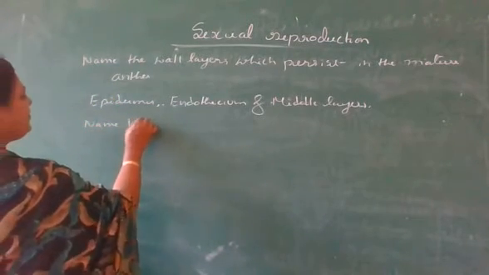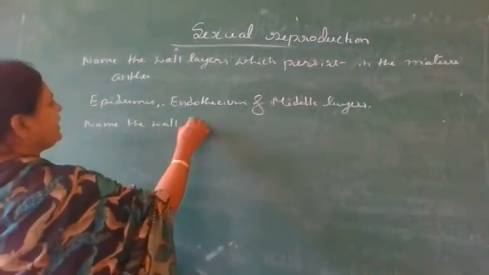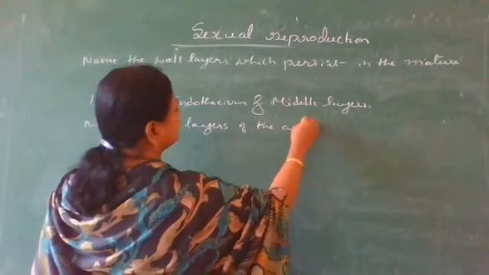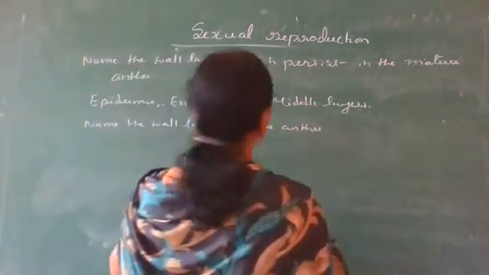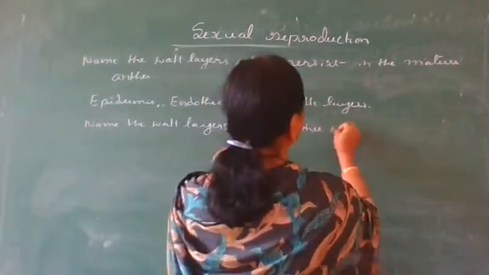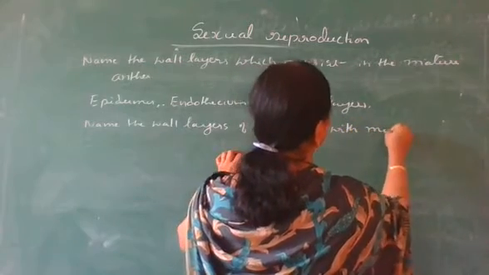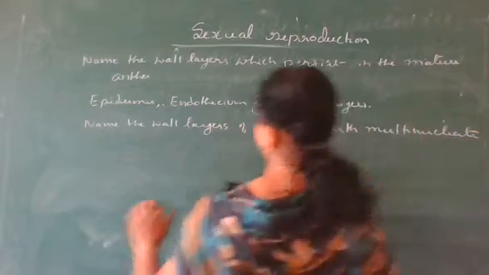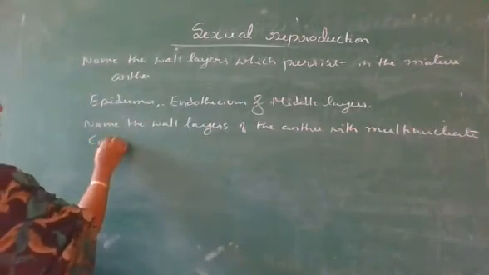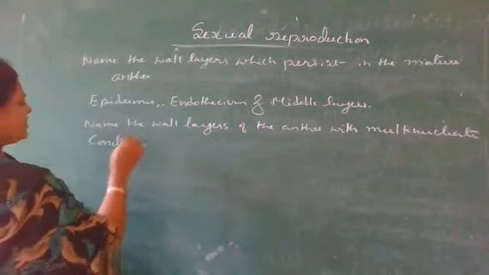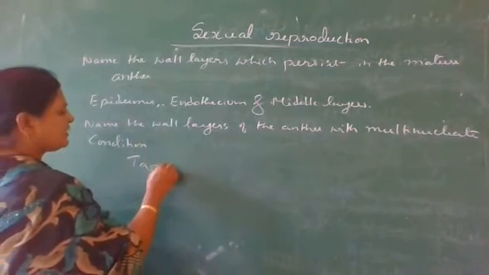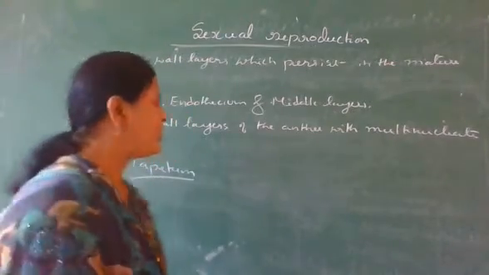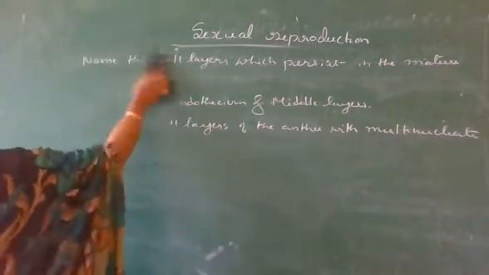Name the wall layers of the anther with multinucleate condition. Again, tapetum. So the wall layers are over.